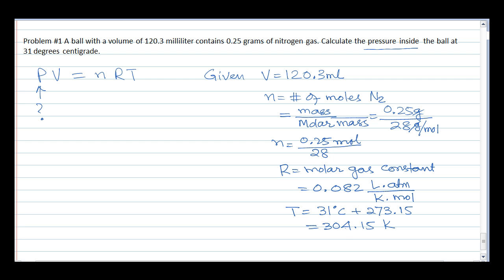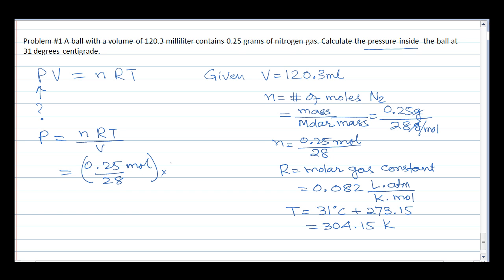So what I can do is put those in this equation. Now P is the one that is unknown, so we can calculate P equal to nRT divided by V. So now I'll put the value n is 0.25 mole divided by 28, and that is the n.